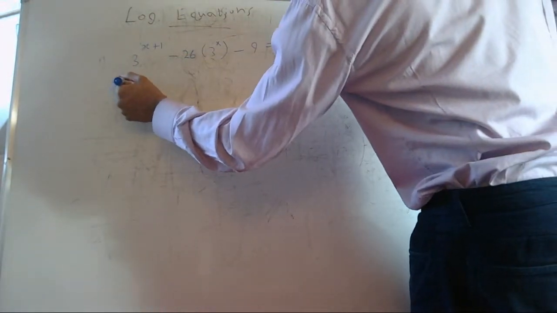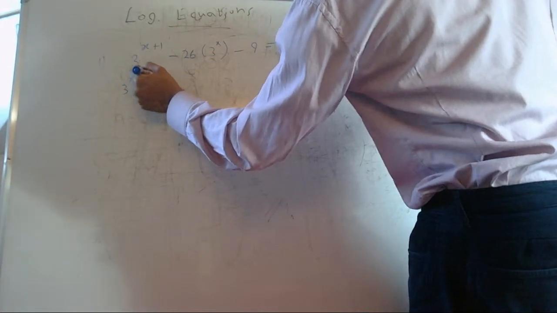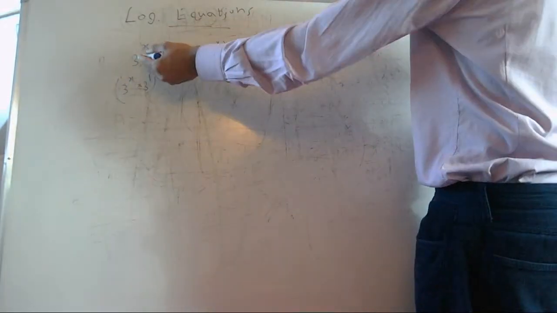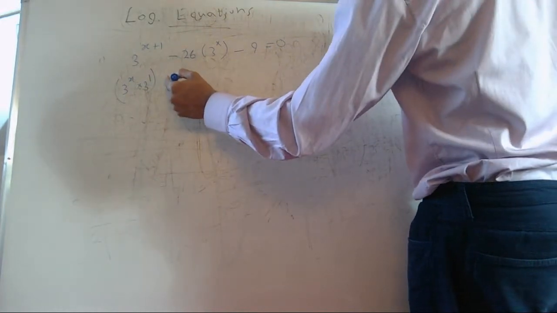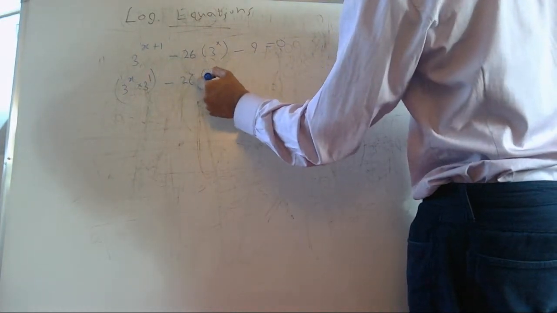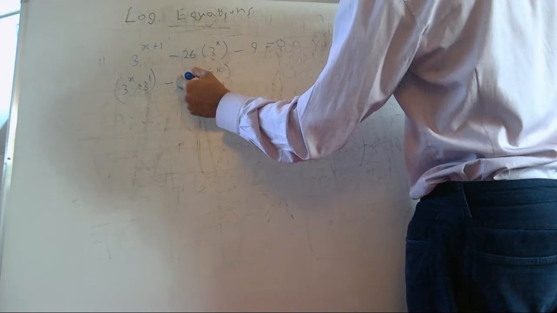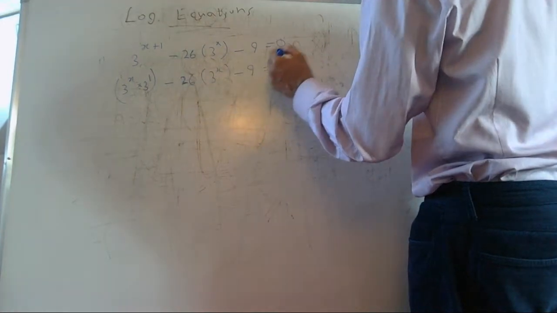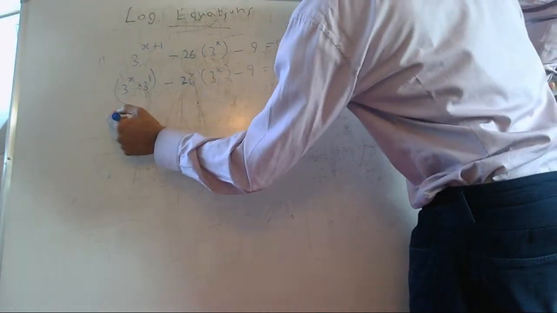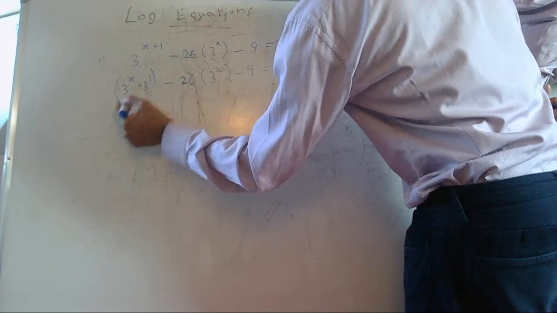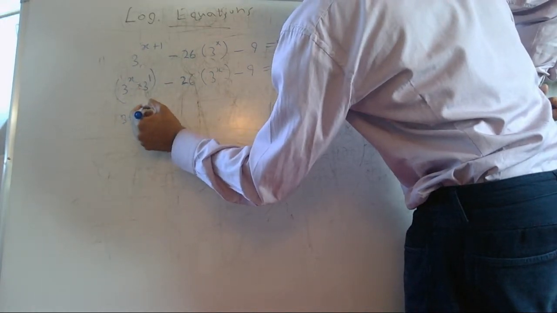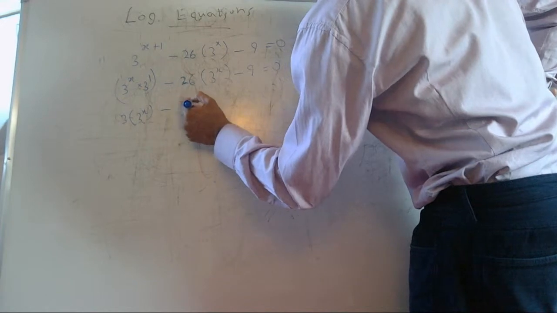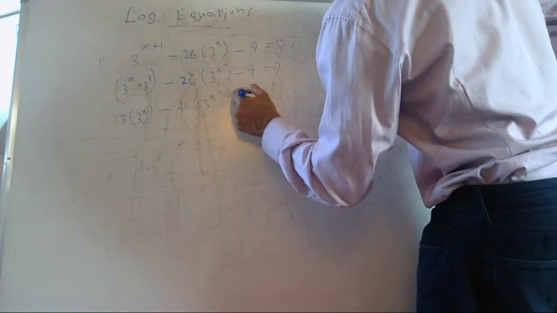So this is the same as 3 to the x times 3 to the 1, because 3 to the x plus 1 is the same as 3 to the x times 3 to the 1. So this is minus 26, 3 to the x, minus 9 equals 0. So now I can rewrite this as 3 to the 1 is 3, so it would be 3 times 3 to the x minus 26, 3 to the x minus 9 equal to 0.